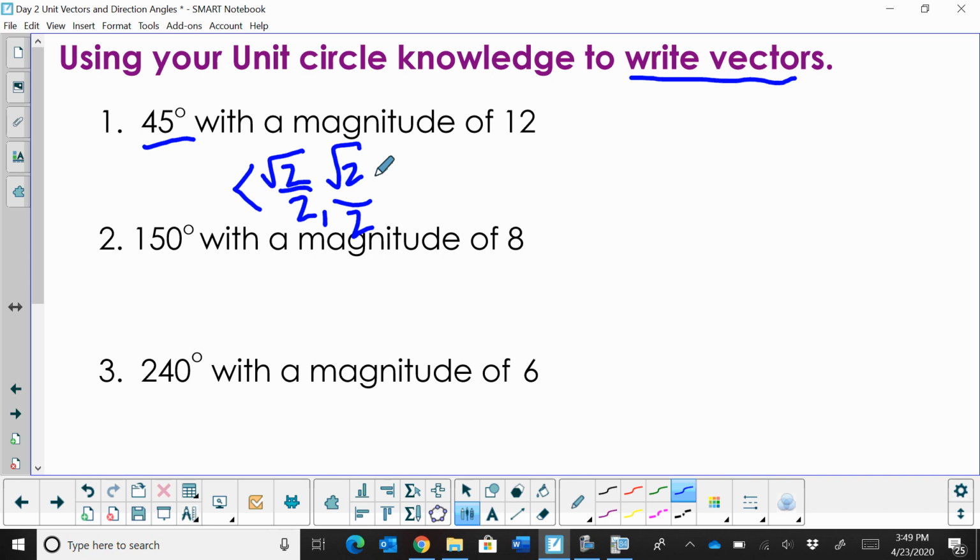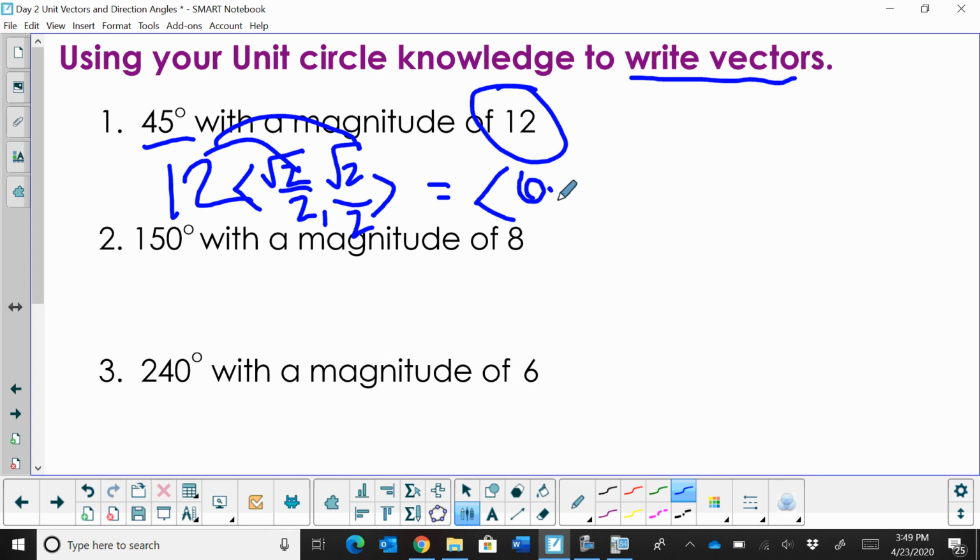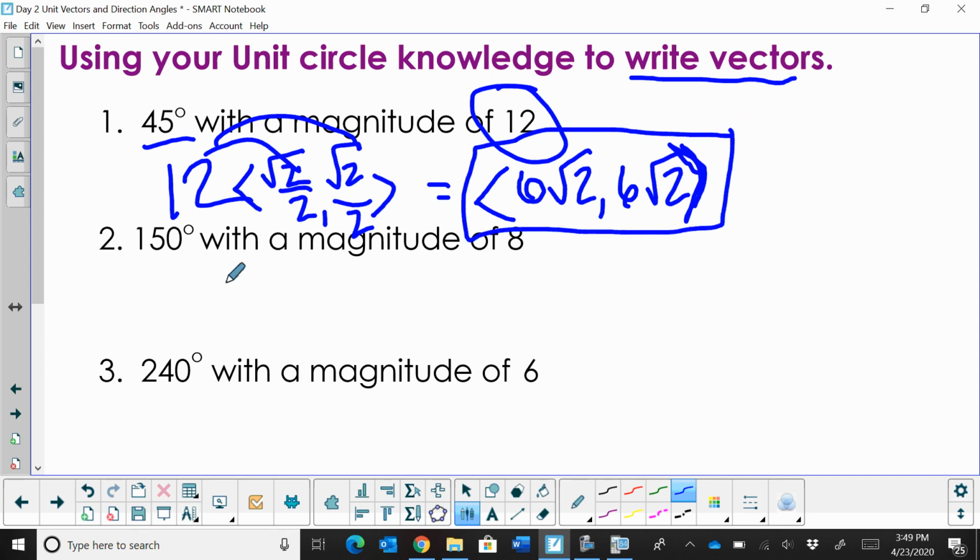Now all we're going to do is take that vector and multiply by the new magnitude because we're making it 12 times larger. So if we distribute using scalar multiplication that 12 in, that's just going to give us the vector 6 root 2 and 6 root 2. And there we go. Whoops, that's not an ordered pair, it's a vector. Okay, and there's our answer for that first one.